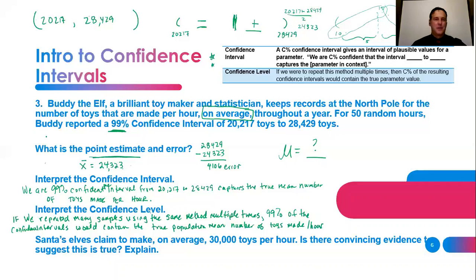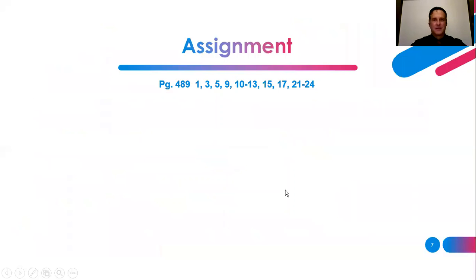We had a point estimate of around 24,323, and then we came up with this interval. And so we believe that the true mean is somewhere in between those. In fact, we said that we are 99% sure that the true mean is somewhere in between those, even though we really don't know what that is.